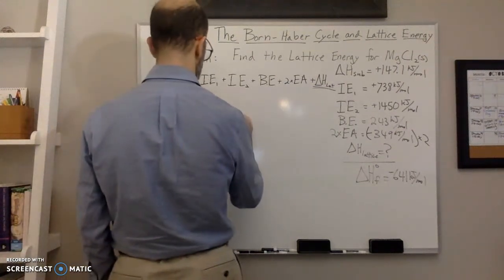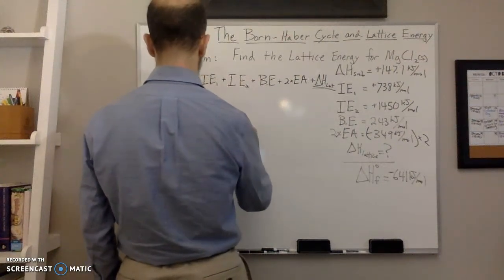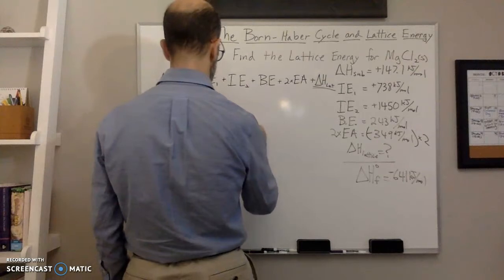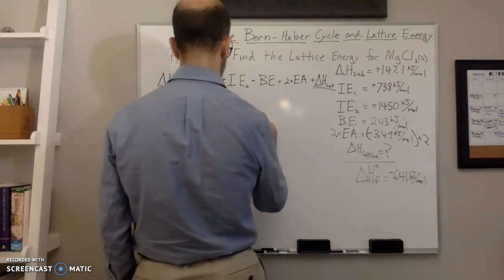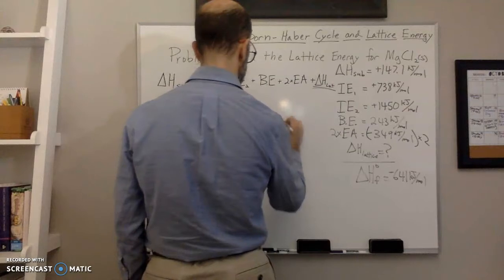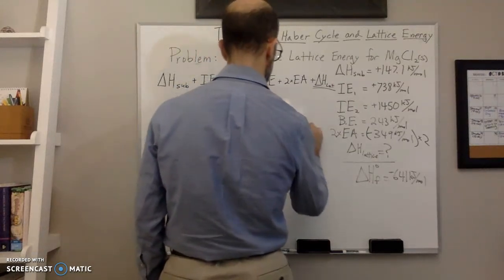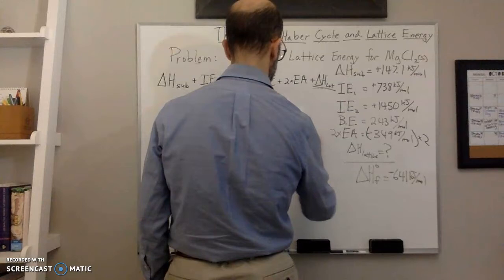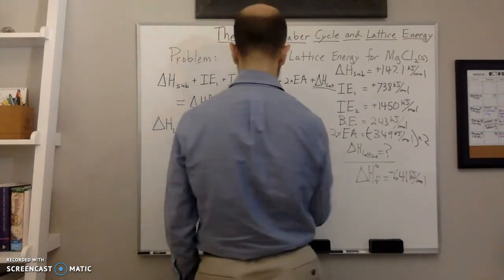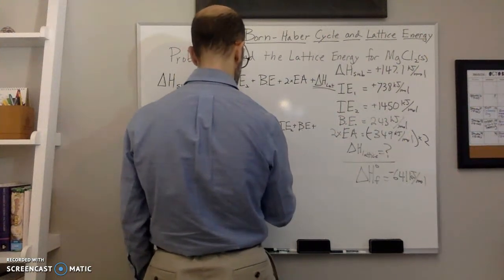So minus the delta H for sublimation plus IE1 plus IE2 plus bond energy plus 2 times the electron affinity.